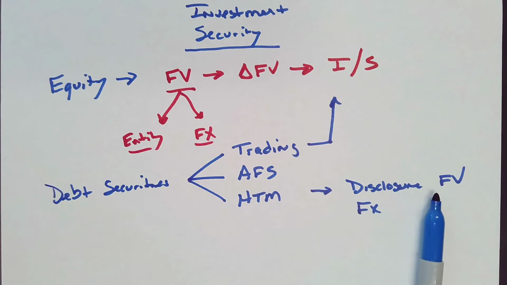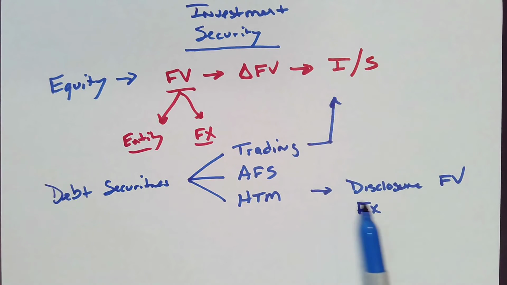Yes, we've got to disclose the fair value, but we're still going to have foreign exchange adjustments. Now, we don't have to book the fair value foreign exchange adjustment. We just need to, given the current exchange rate, so if we were dealing with June 30, we'd look for the current exchange rate, and we would have to update what was the value of that held to maturity security given the current FX rate. All right? Again, foreign denominated held to maturity security.